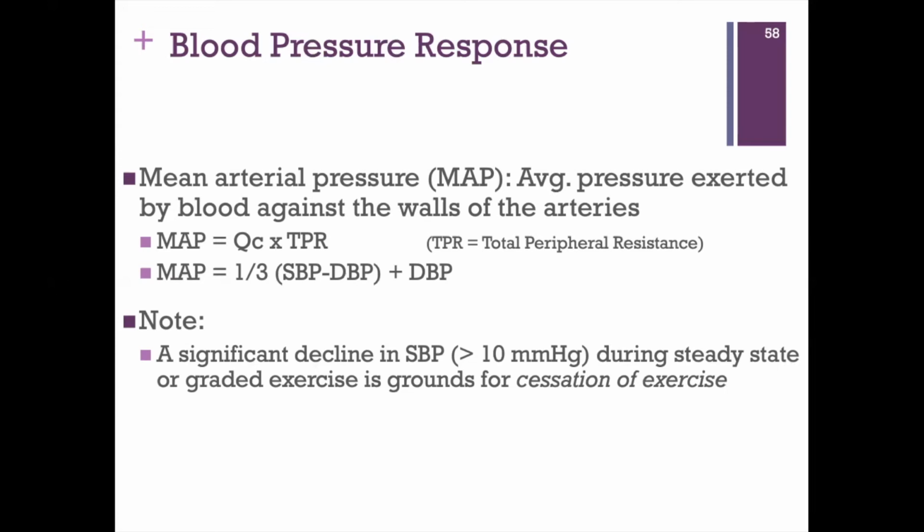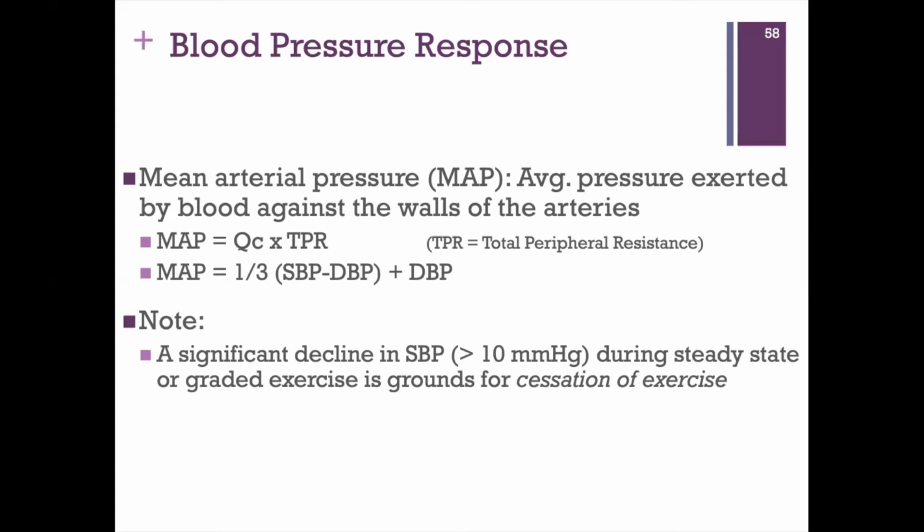So, when we are working at higher amounts of intensity using larger muscle masses, remember those local vasodilators that would come in and dilate the blood vessels, they are helping us to decrease that diastolic blood pressure as a result of that. So when we get to mean arterial pressure, it tends to follow our systolic blood pressure, right? Because the systolic blood pressure is increasing exponentially compared to the diastolic blood pressure. So you'll see that mean arterial pressure go up as well.